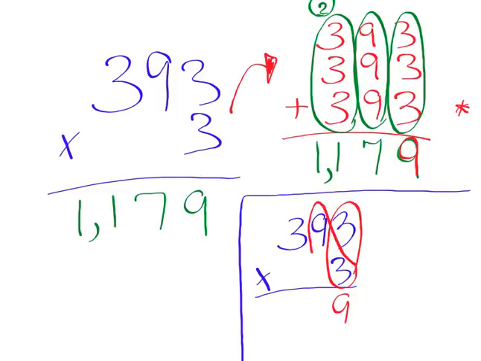The next thing I would do is multiply my tens. So I need 3 groups of 9 tens, which again was shown here when we proved what we were doing. This is 3 groups of 9 tens, which are 27 tens, or 270, which is why we have our 7 here, and we regroup 2 hundreds.